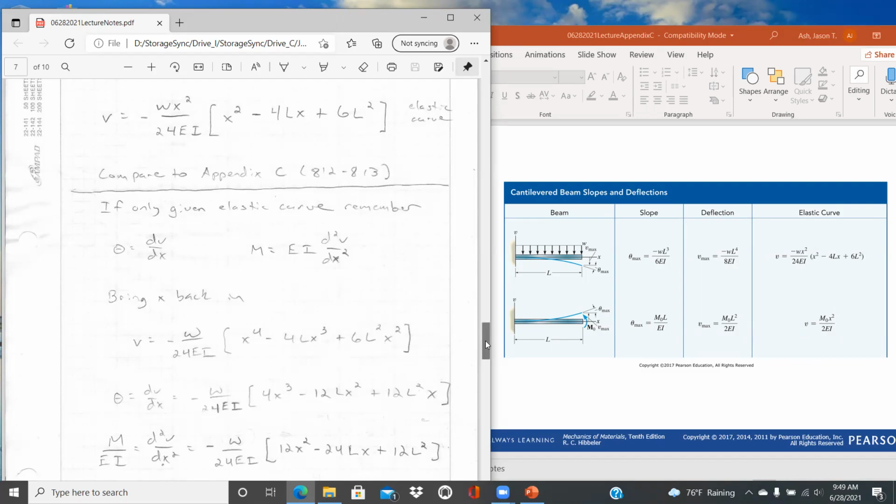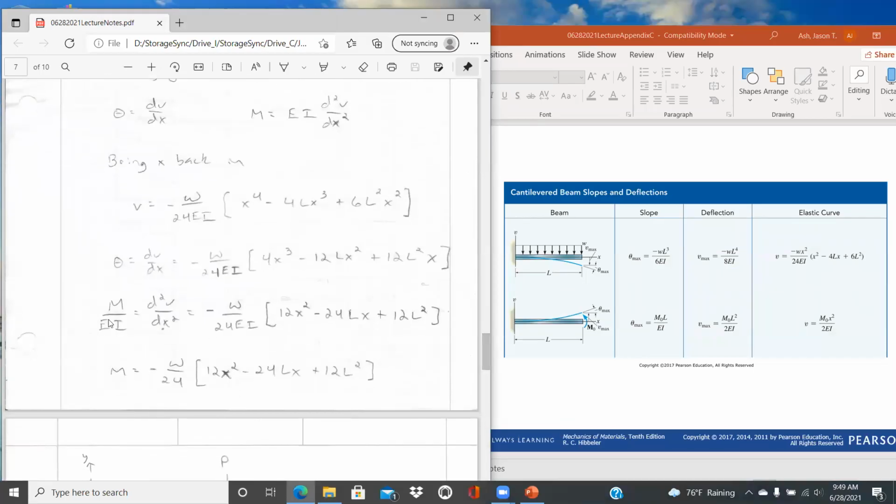And then if we take the derivative again, that would be M over EI equals d squared v/dx squared. That will give you a minus w over 24EI, and then taking the derivative of these again, we end up with 12x squared minus 24Lx plus 12L squared.